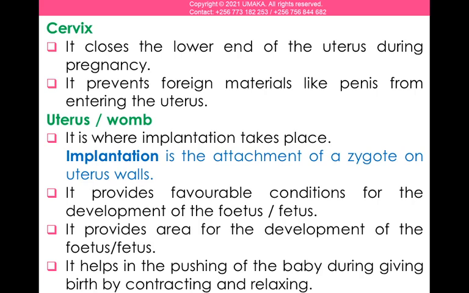All that work we studied. So when a woman is going to give birth, the uterus helps in the pushing through contraction and relaxation, which is brought by oxytocin hormone produced by the pituitary glands.